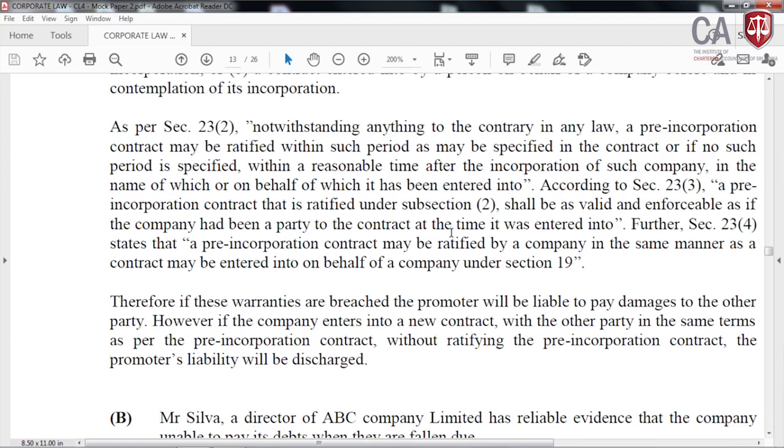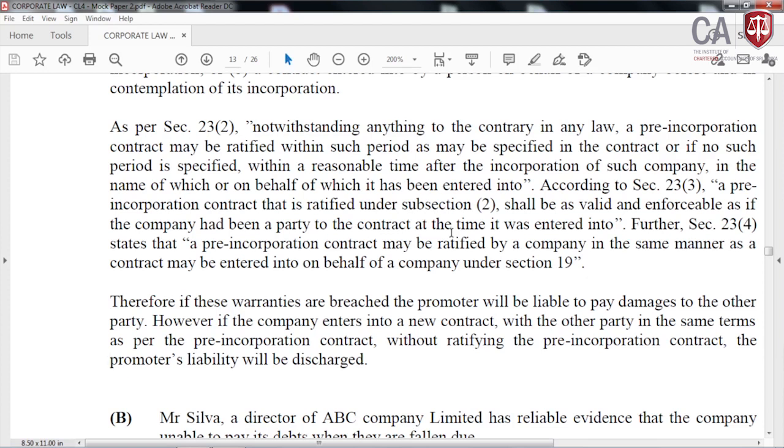According to section 23(3), a pre-incorporation contract that is ratified under subsection 2 shall be as valid and enforceable as if the company had been party to the contract at the time it was entered into. Further, section 23(4) states that a pre-incorporation contract may be ratified by a company in the same manner as a contract may be entered into on behalf of a company under section 19.